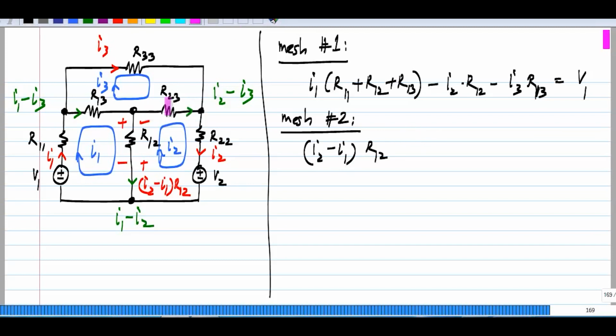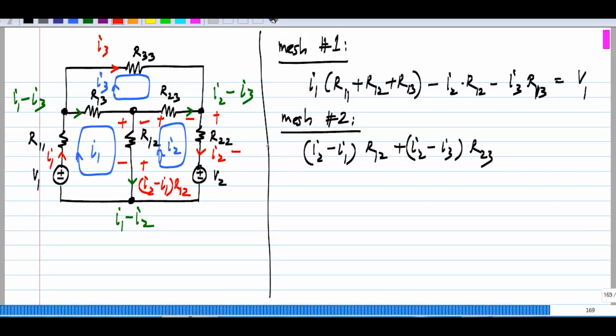Okay, and I have R23 here. The current through that is I2 minus I3. So I2 minus I3 times R23. Remember, I am going around this mesh and I am considering voltage drops in that direction, the voltage that drops as I traverse the loop in clockwise direction.